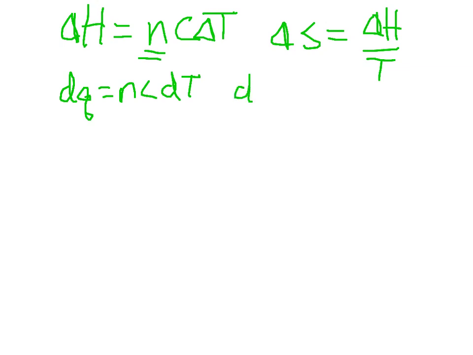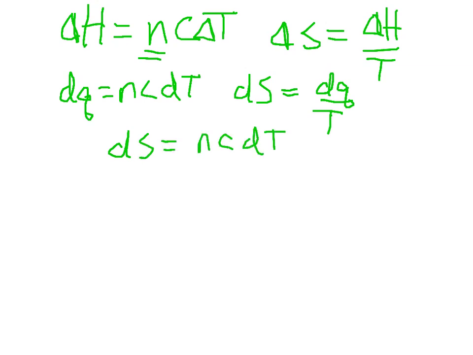A small change in the entropy, dS, would be equal to a small change in the heat divided by the temperature. Now, if dQ equals nC dT and dS equals dQ divided by T, then I can say that dS is going to be equal to nC dT divided by T.